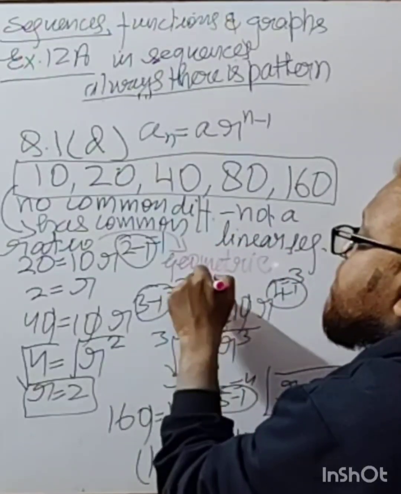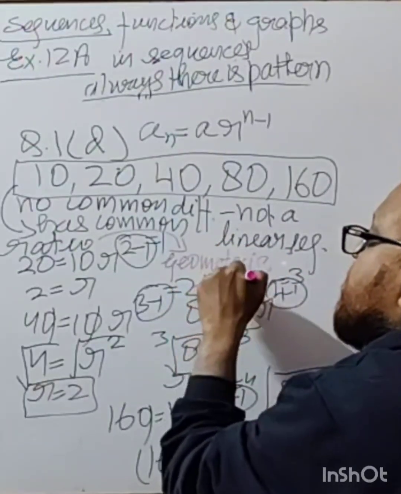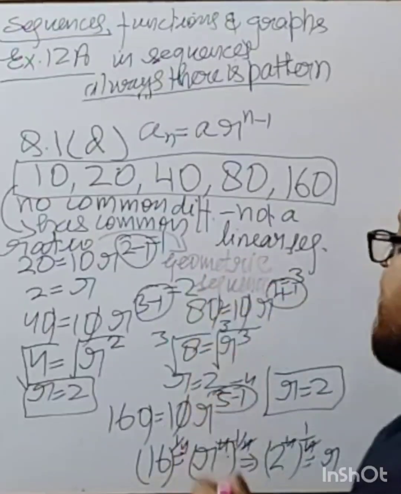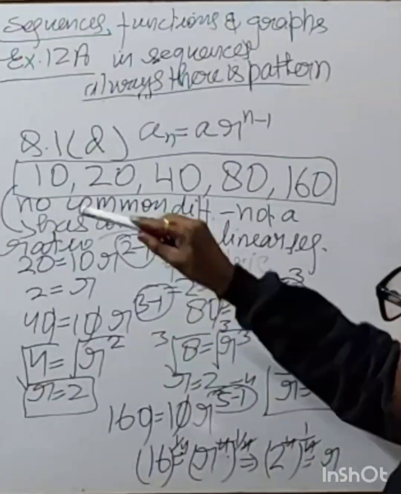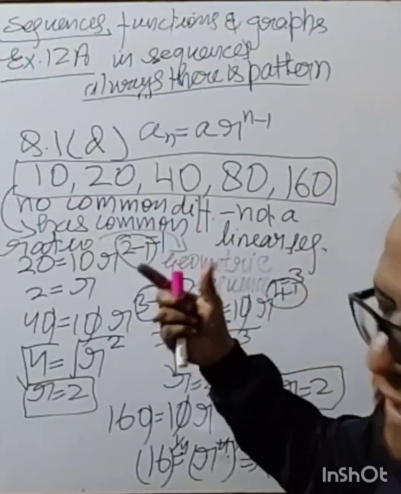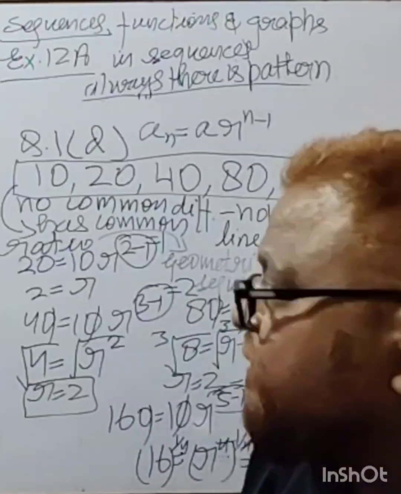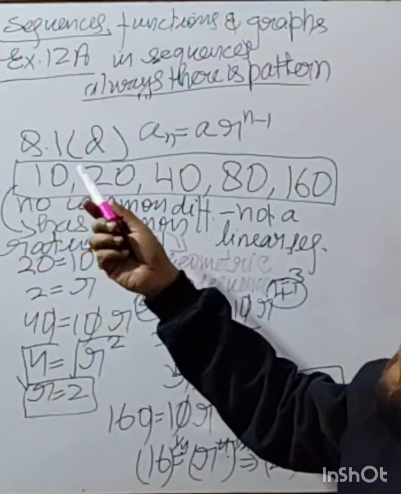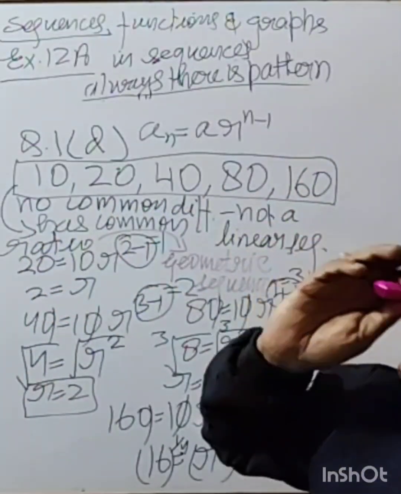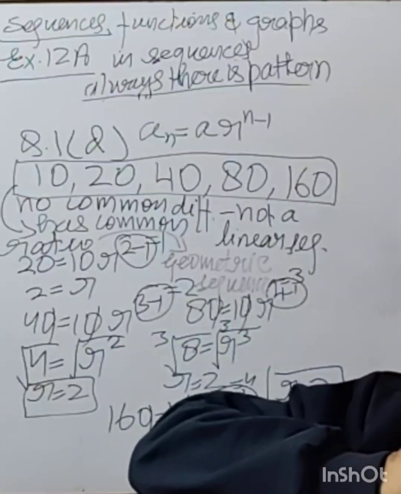They have a common ratio, so it is a geometric sequence. The sequence was 10, 20, 40, 80, 160. Initially I wrote wrong. Anyway.